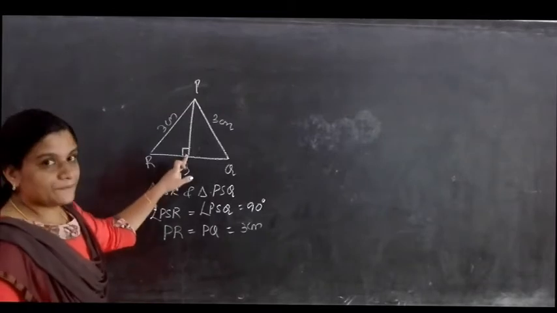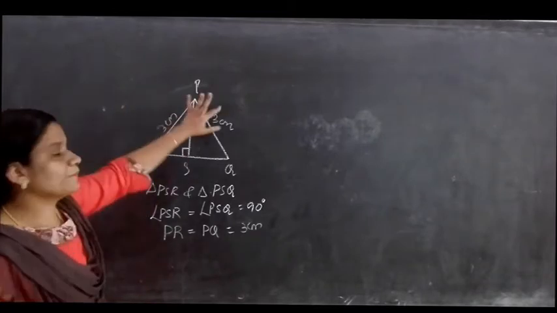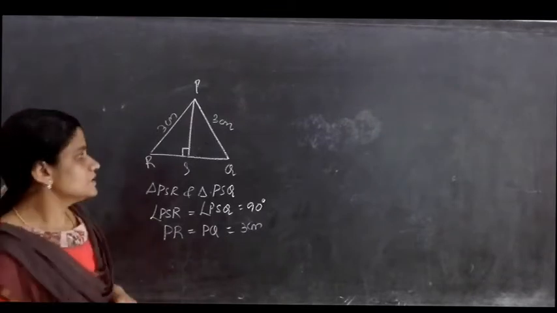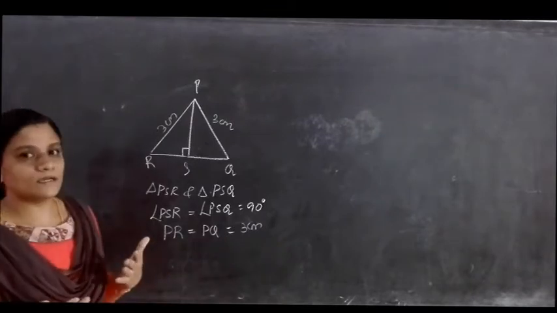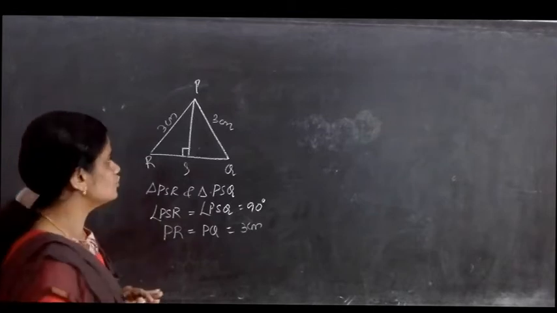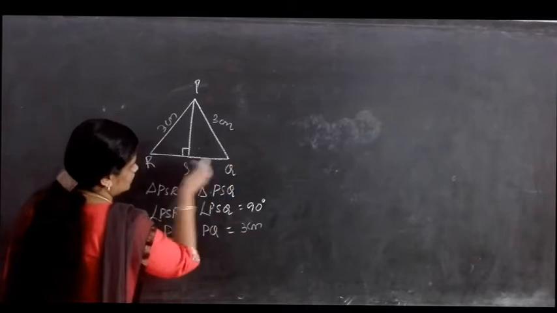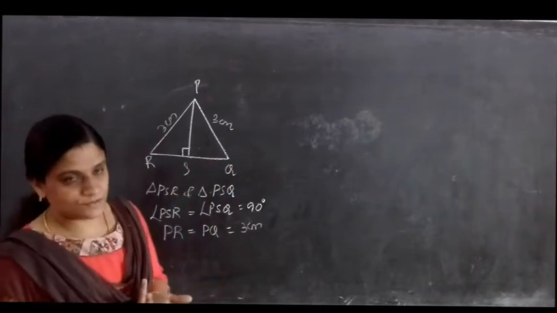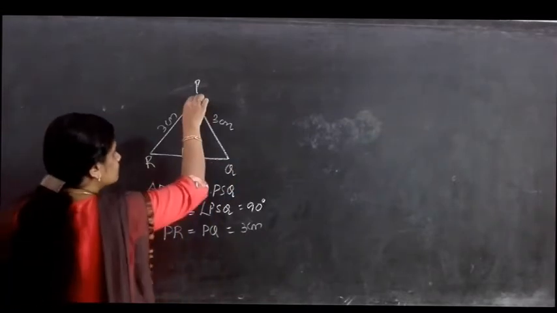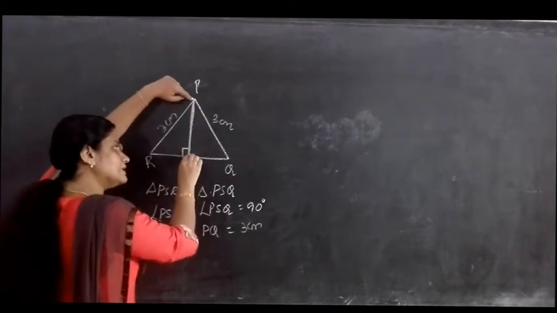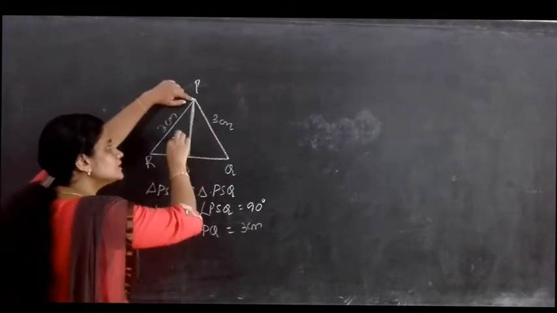So the 90 degree right angle and the hypotenuse are equal. Again, what do we want? One side. We have to check whether any side is equal. One of the sides is SR and SQ, and we don't know whether they are equal or not. The other side is PS, and this side PS is common for both the triangles.